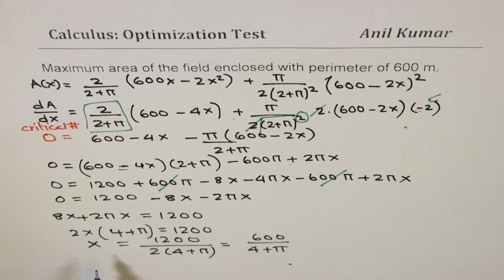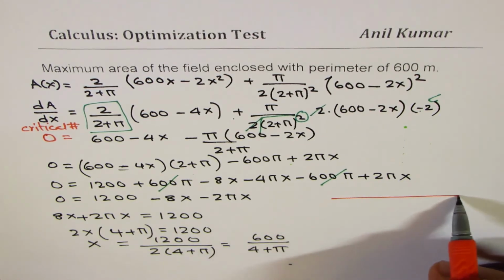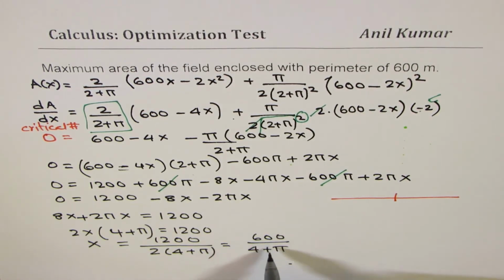Now, to prove that this is indeed a maximum, what we can do is take a test point on either side and then figure it out, right? So, if this is a critical number, you need to analyze the first derivative. So the x value is this.